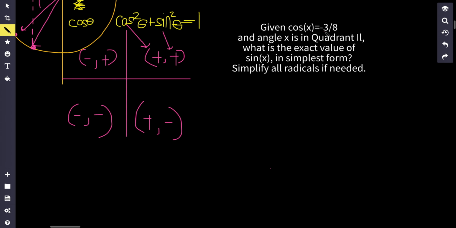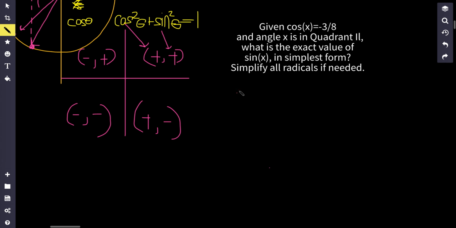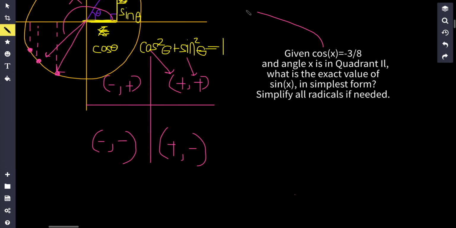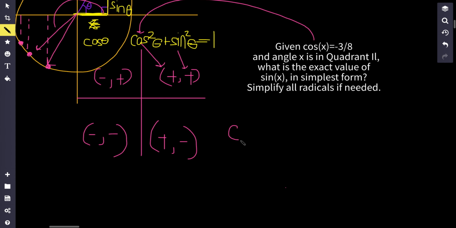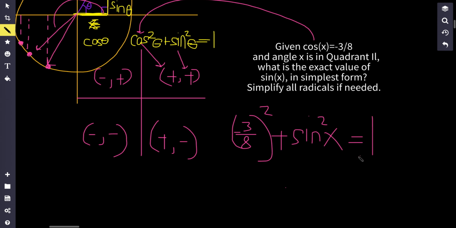Well, if cosine of x is equal to negative 3 over 8, let's plug this into the formula first. If we're given a cosine value and we're trying to find a sine value, we are going to use this formula, the Pythagorean trig identity. So we have cosine of x is equal to negative 3 over 8, so we're going to have negative 3 over 8 squared plus sine of x squared is equal to 1.